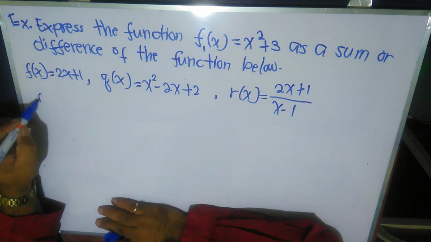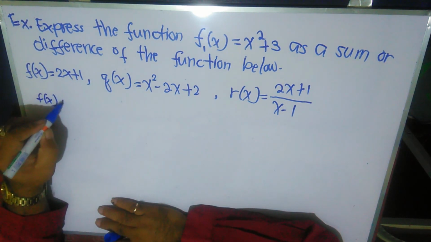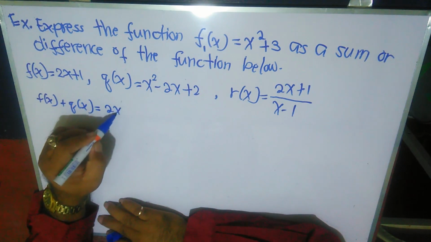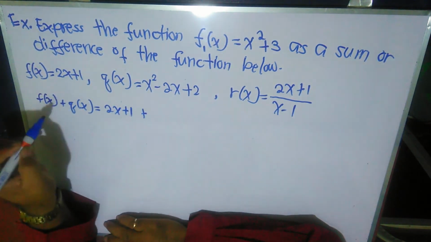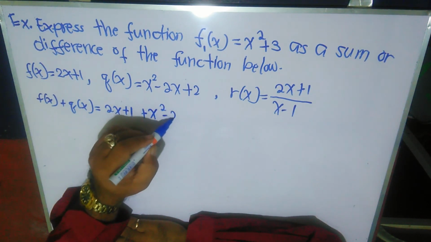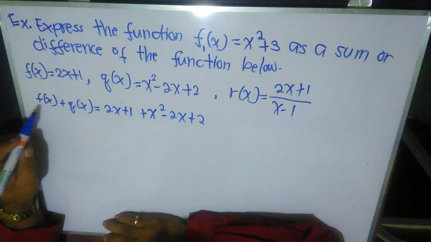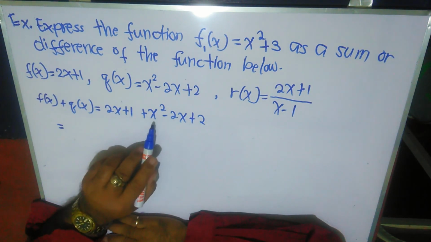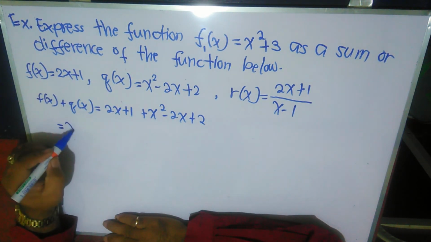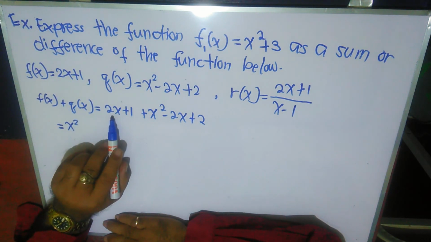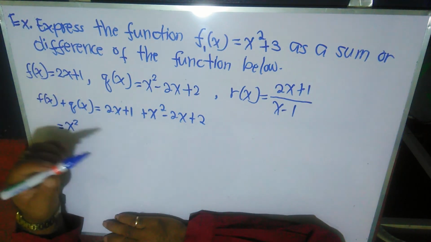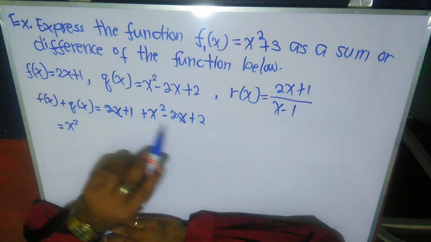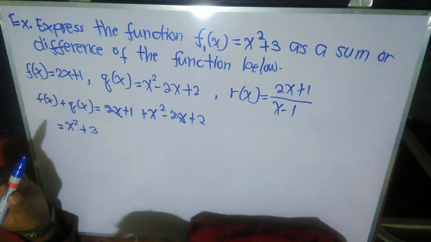So f of x plus q of x equals our f, 2x plus 1, plus our q, x squared minus 2x plus 2, and that is equal to, combining the like terms: x squared has no like term, so you copy x squared, then combine 2x and negative 2x, by the law of signs that is 0, so you can cancel, then combine 1 and 2, that is x squared plus 3.